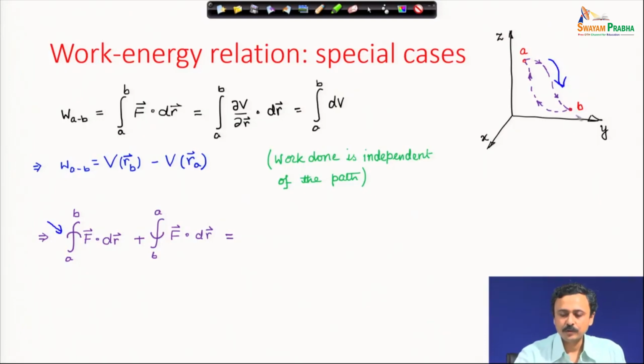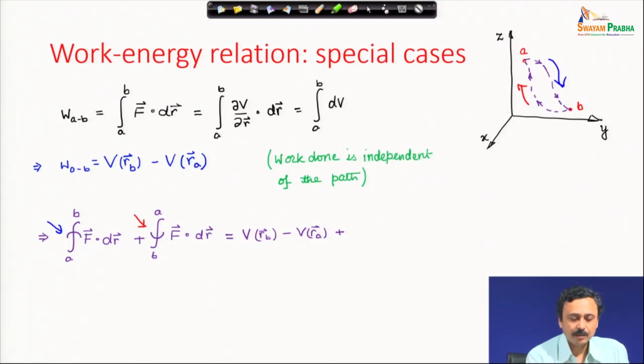Then as the particle moves from A to B, it is F at all these points dot dr on this path as it moves from A to B. On the other part, the return path, it is this integral, again force on this path dot dr on this path integrated from B to A. And the first integral must be equal to the potential value at R_B minus the potential value at R_A, which we have just now seen here.